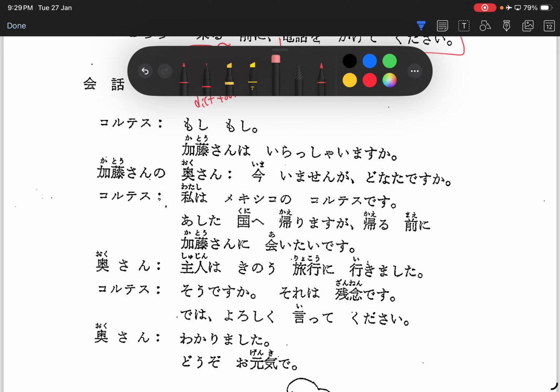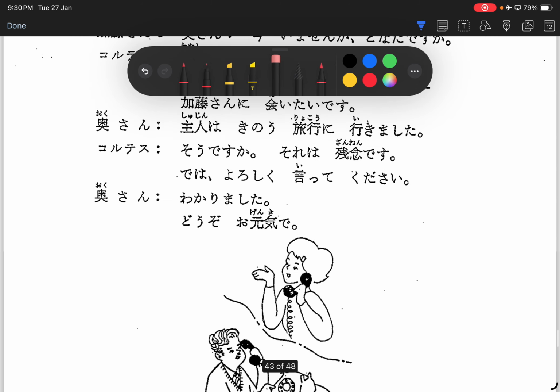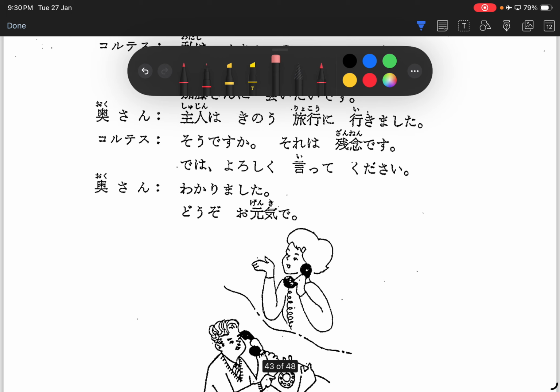Okay, next. では、よろしく言ってください. 言ってください means please tell, please say. So please say よろしく. Then 奥さん says わかりました. I understand. どうぞお元気で. I explained お元気で already just now. Usually what's behind this お元気で is even more complicated grammar lah.